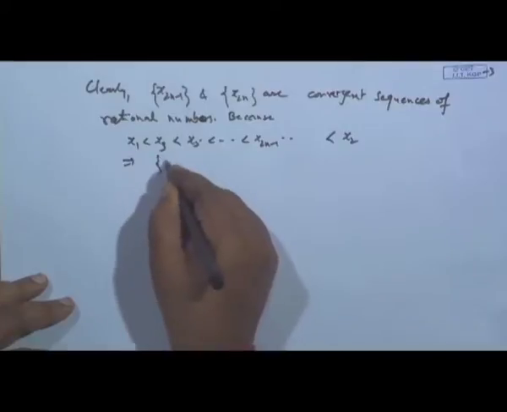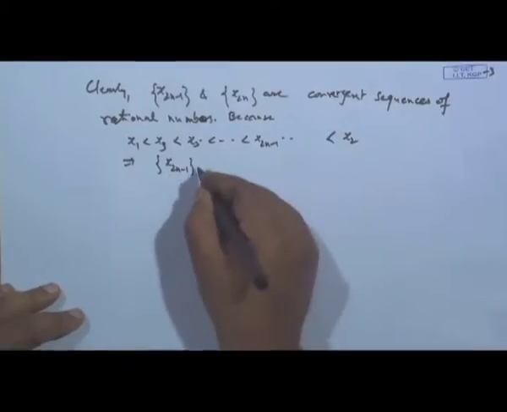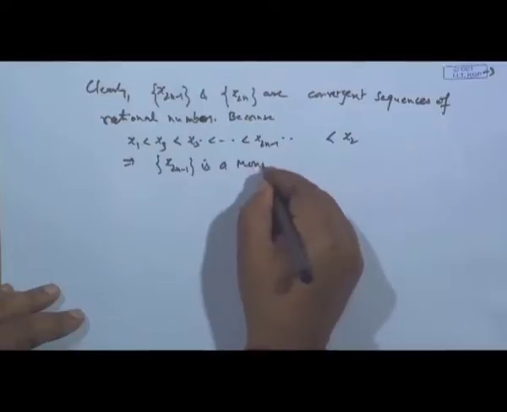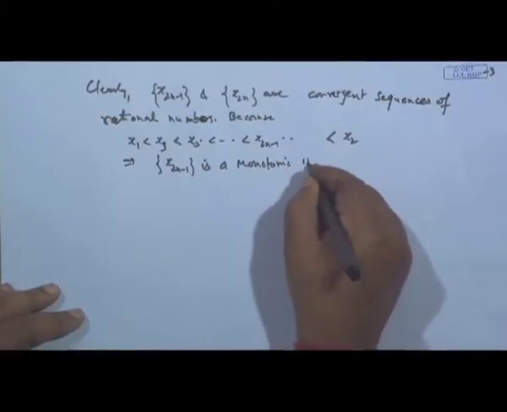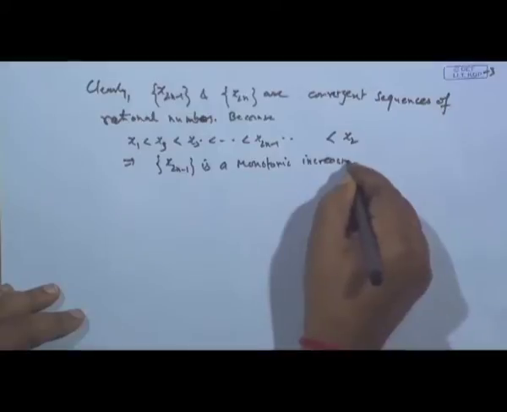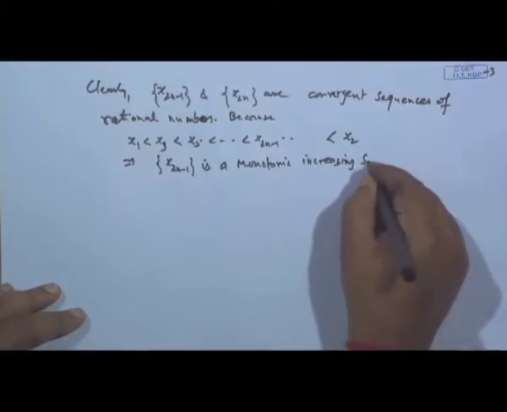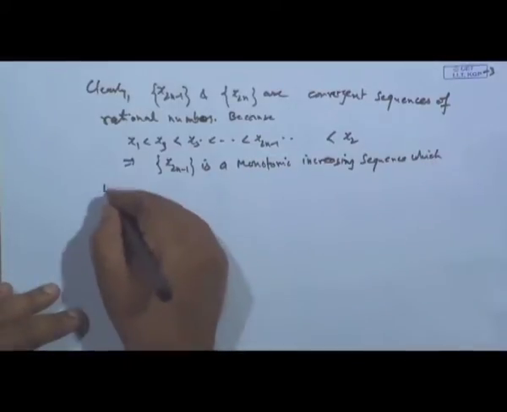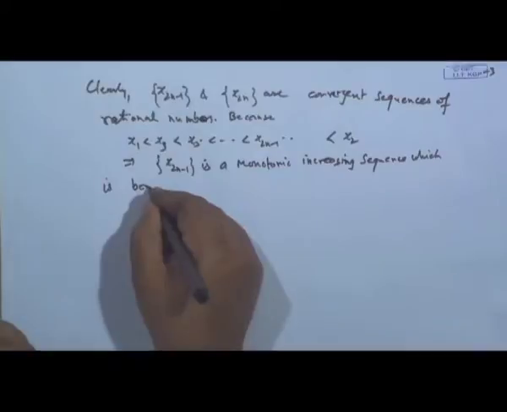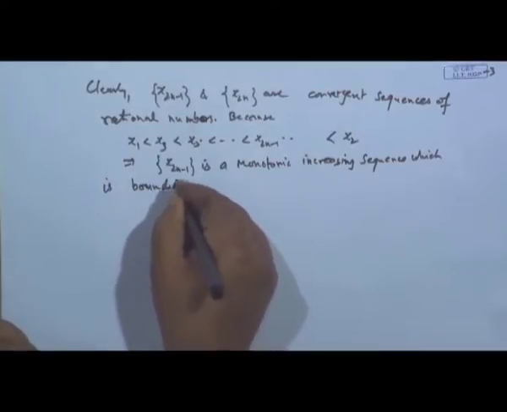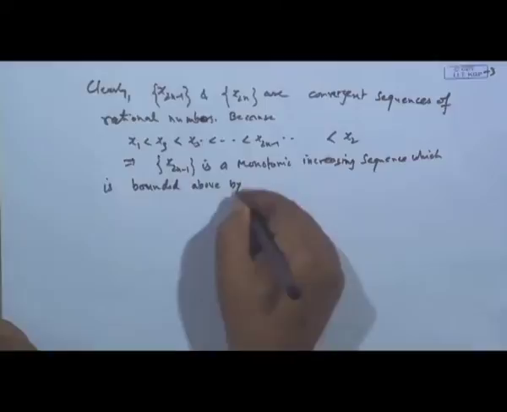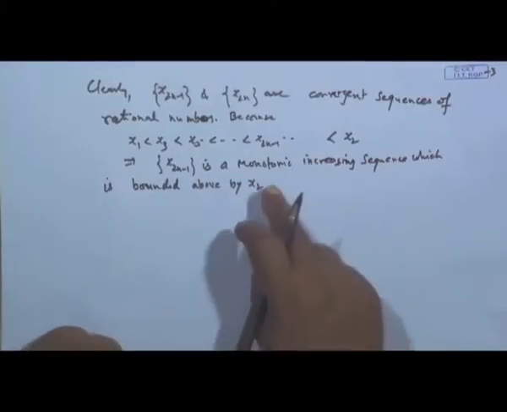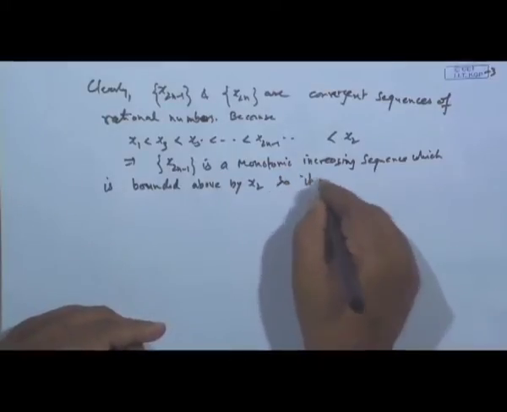So, this implies the sequence x 2 n minus 1 is a monotonic increasing sequence, is it not, which is bounded above by x 2, and we know every monotonic increasing sequence which is bounded above is convergent. So, it is convergent.